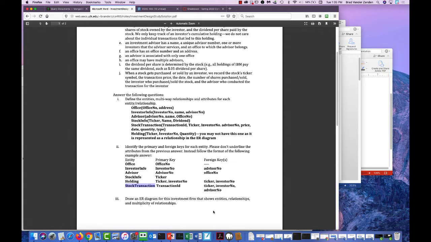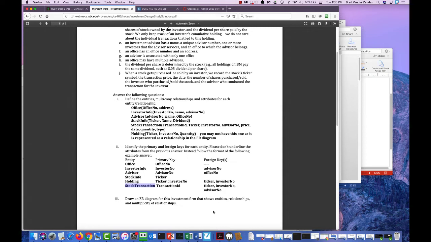Now, diamonds are undirected. We only direct binary relationships. So we leave this undirected, but we still need to be able to attach multiplicities. So we do that one at a time. First of all, let's say we want to know this one first.